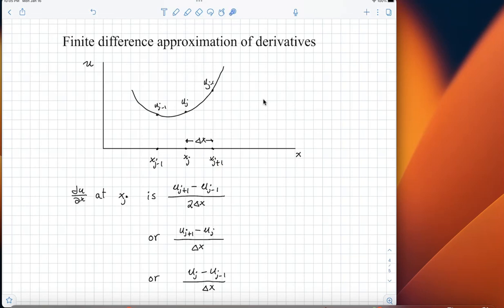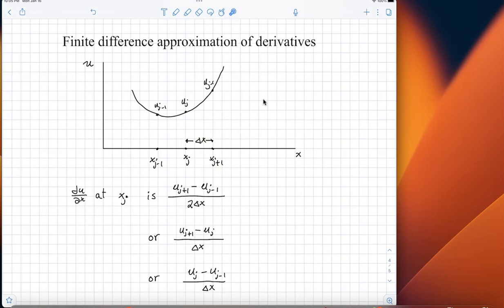So the nice thing is that I can calculate a derivative by just simply looking at rise over run. In order to calculate the derivative here, I'm just looking at the slope, and approximately calculating the slope. So I look at the distance between those 2 points from xj minus 1 to xj plus 1. This is the run, which is 2 delta x. I have here delta x, and here delta x, so 2 delta x.